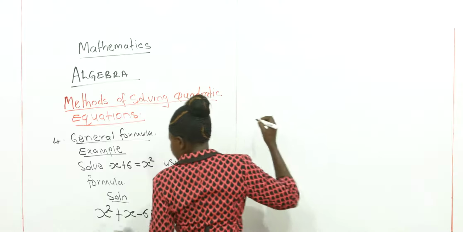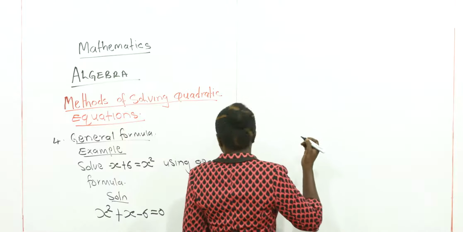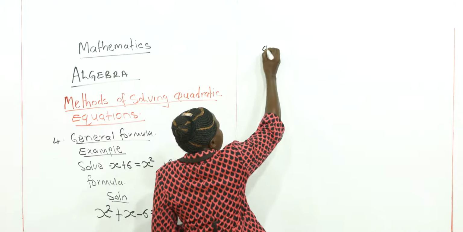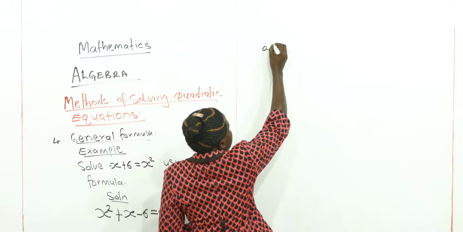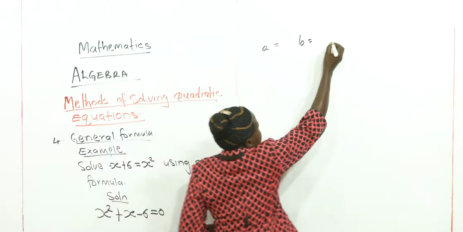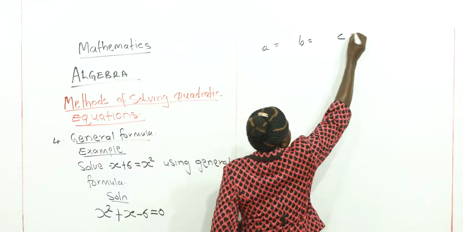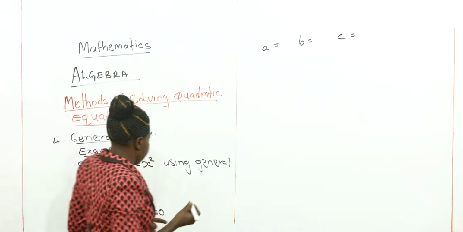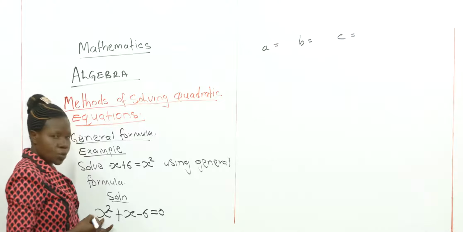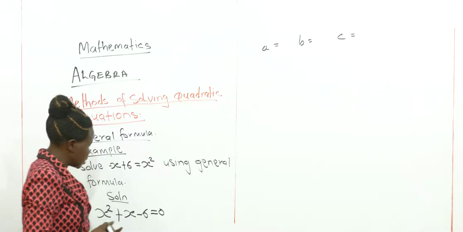Now from this level, this is where we are going to apply the formula. And we said before we apply the formula, we must identify the value of A, which is the first term, the value of B, which is the second term, and then C, which is the third term. So coming back to our equation here, we find that the first term is 1 because the coefficient is 1.